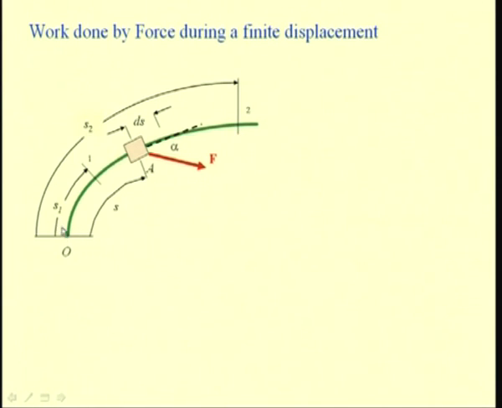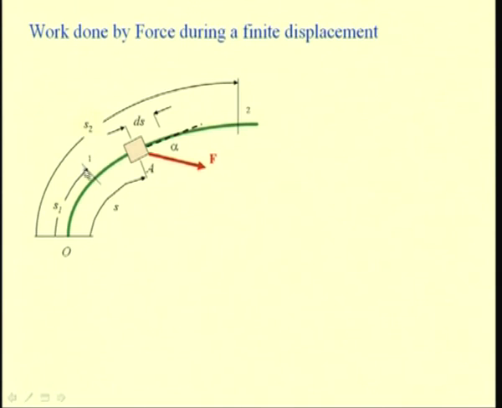So, we define an origin O, and the position of this body along this path is defined by its path coordinate, say S. So, S is the coordinate that specifies the location of this body along this path.